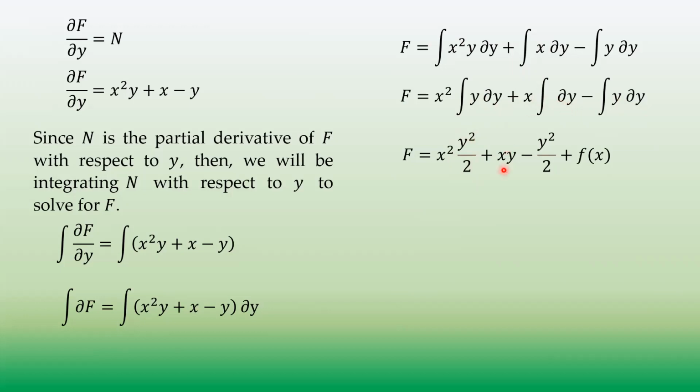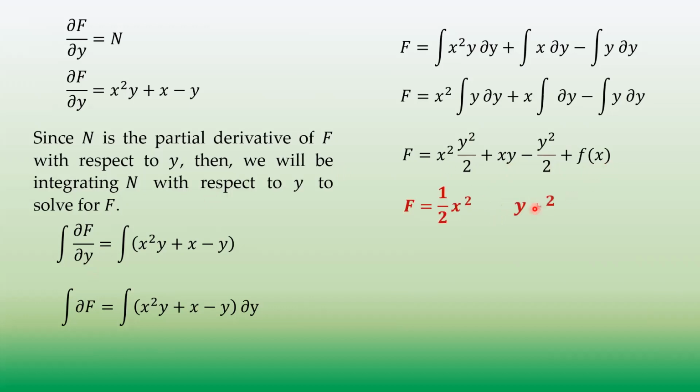Dito naman ay y. Ito ay y squared over 2 plus, again, plus f of x. Sa halip na plus c, tayo ay f of x, kasi nga dito ang y ang variable natin. So, ang x muna ay constant galing dito sa partial derivative kasi y ang variable, kaya meron tayong plus f of x sa halip na plus c.